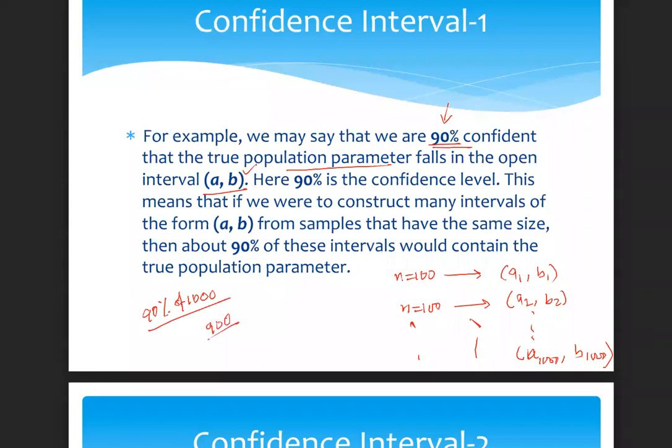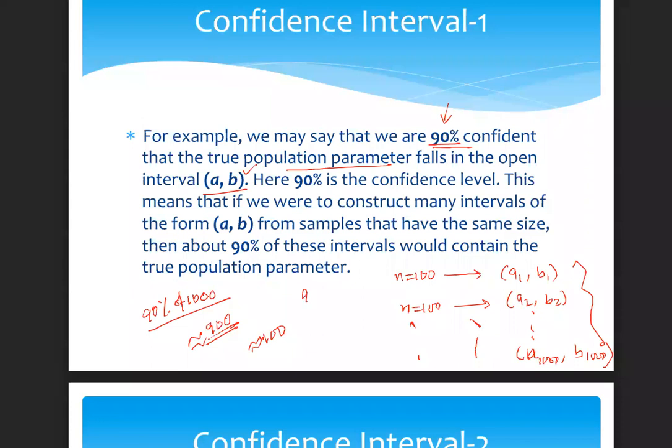So 900 of these intervals are going to include the population parameter that you're looking for. And 10% may not, which is 100 of them. So approximately 900 of them will include the true population value, and about 10% or 100 of them will not include. That's what it means.